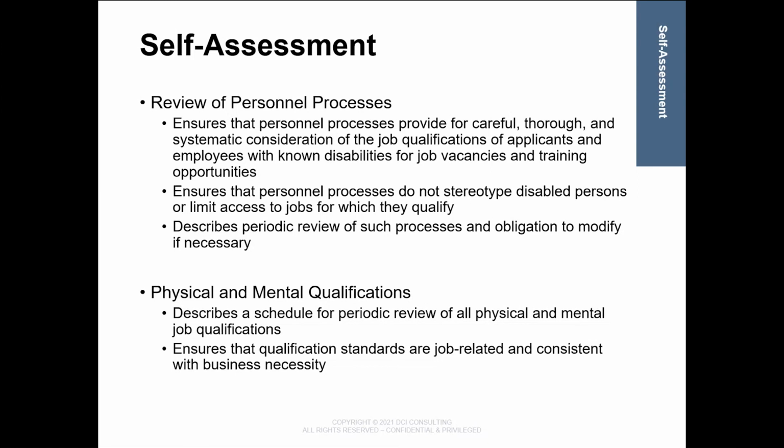And it describes periodic reviews of such processes and obligations to modify if necessary. OFCCP also requires the periodic review of physical and mental qualifications. This should include a statement describing a schedule for the review of all physical and mental job qualifications. And engaging in this review really ensures that qualification standards are job related and consistent with business necessity.